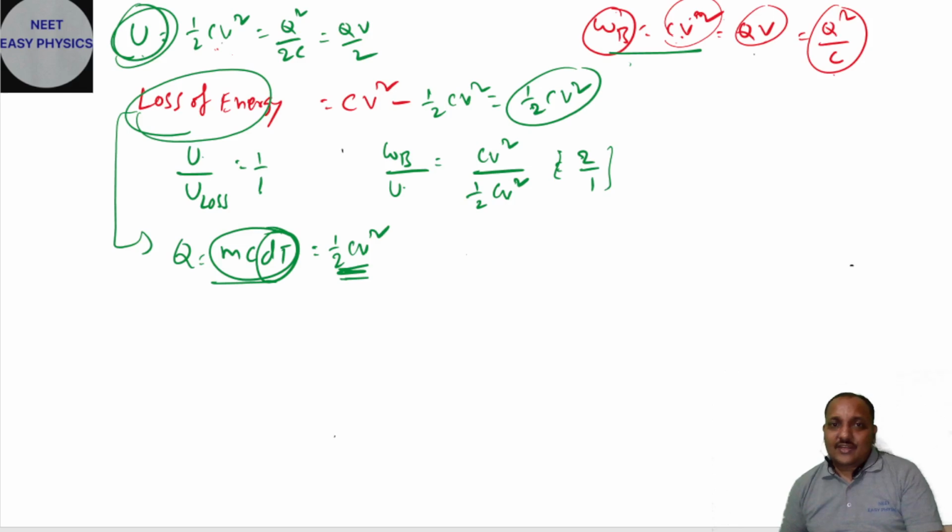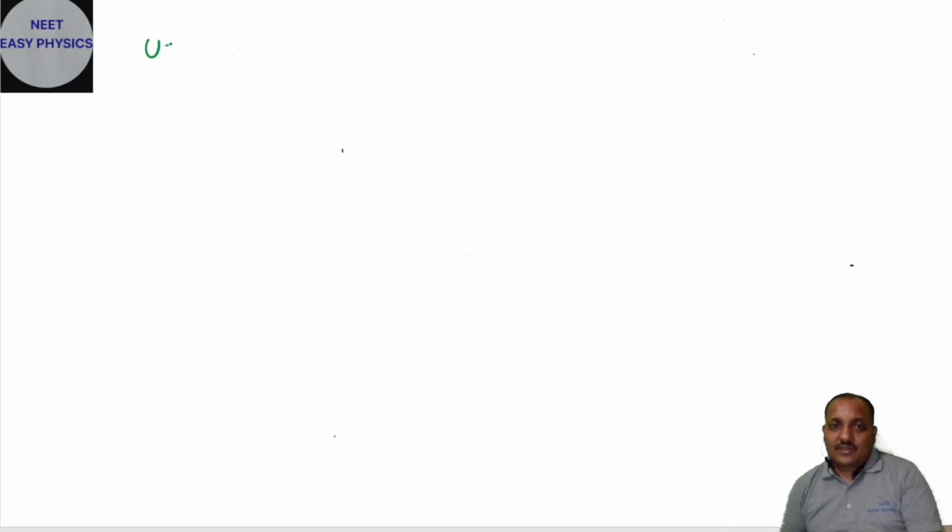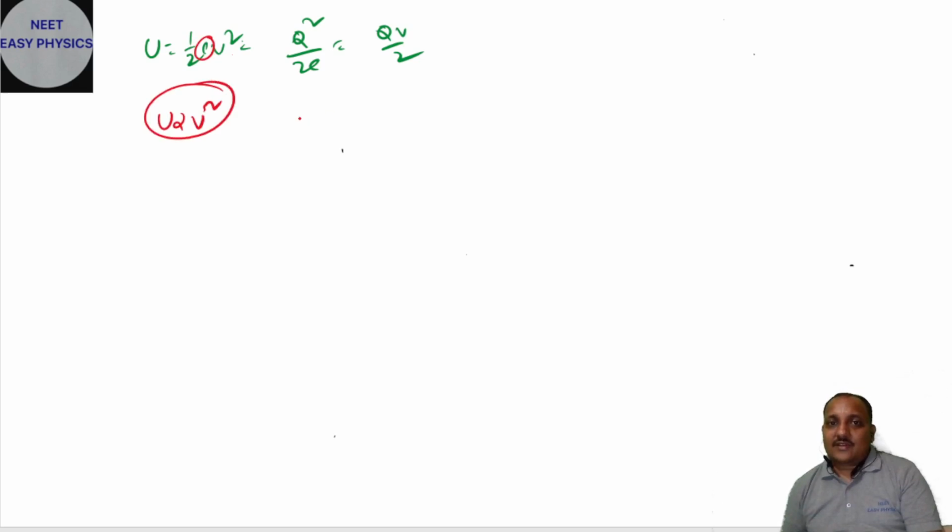Next, in this energy stored equation, U is equal to half C V square, Q square by 2C, QV by 2. Sometimes capacitance is constant, so U is directly proportional to V square. Sometimes potential is constant, so U is directly proportional to Q square.